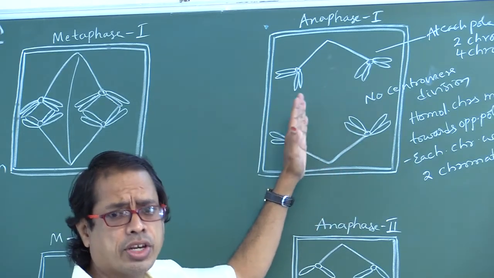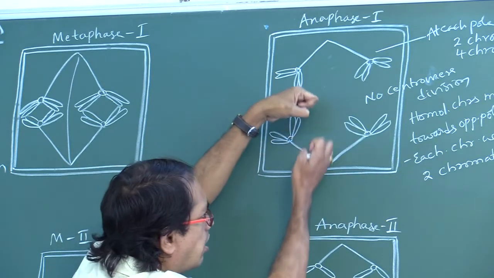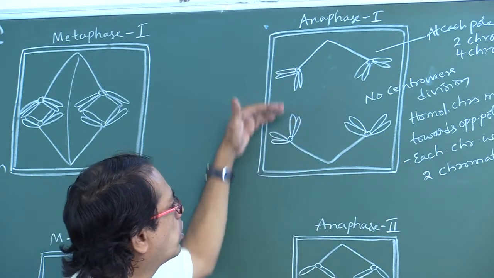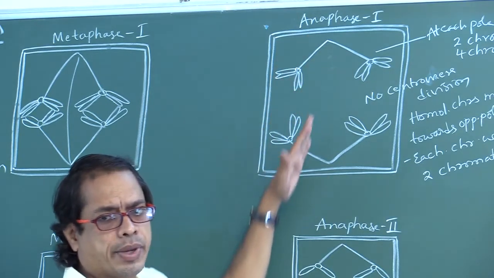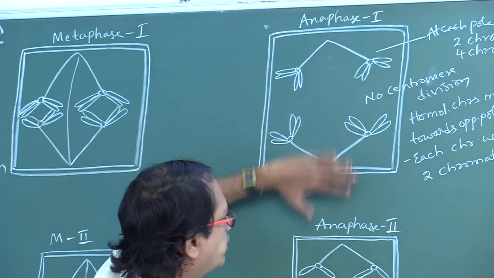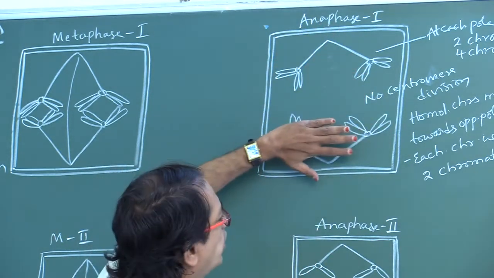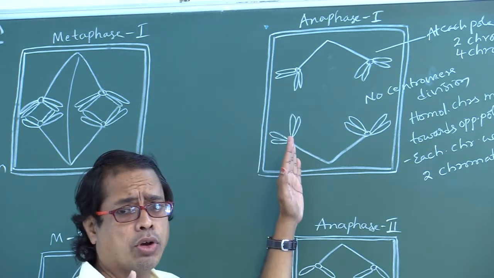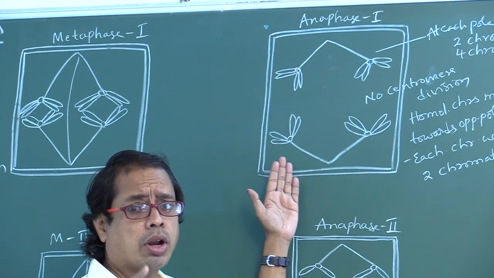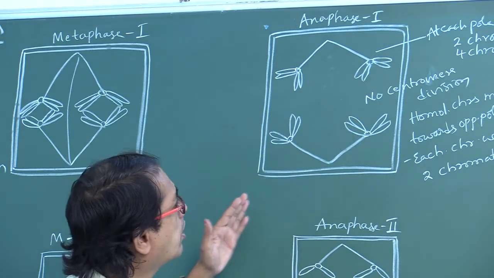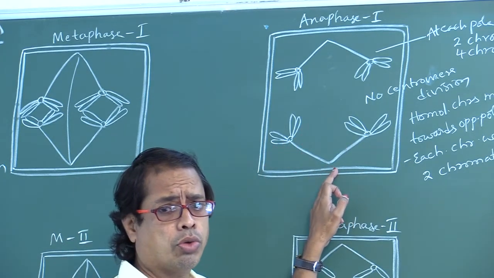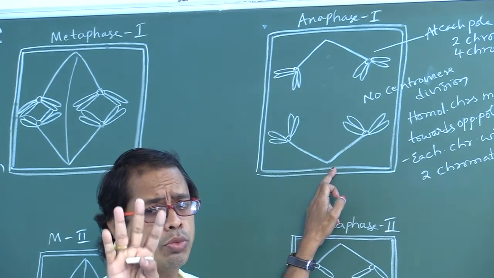Here, is there any division of centromere? No. Contraction of the spindle fibers? Yes. And homologous chromosomes move towards their respective poles. For the anaphase 1 cell you have to take this one. At each pole means only this one. Number of chromosomes in anaphase 1, 4 chromosomes.